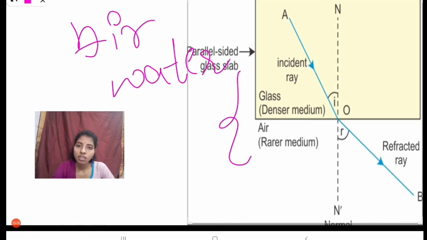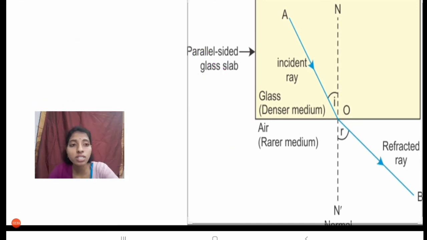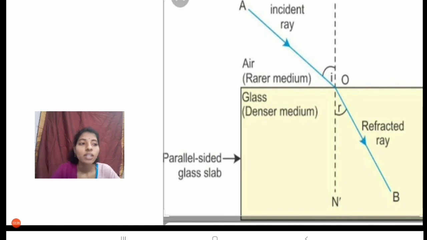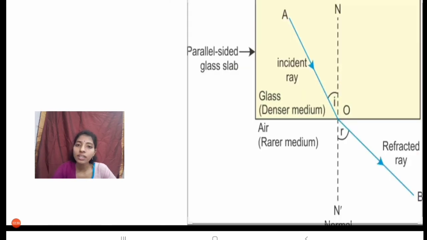So when the refracted ray moves towards the normal, then we can say that it is a denser medium. And when the light ray moves away from the normal, then we can say that it is a rarer medium.